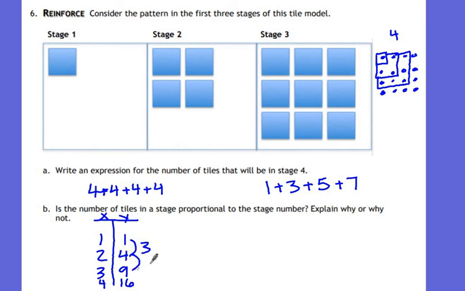That is increasing by 5. That is increasing by 7. So it's not increasing by the same amount. So does that mean it's going to make a straight line? It means it will not make a straight line. So I don't even know what's happening at 0, but I know this would not make a straight line. So could this be an example of a proportional relationship? No. And our explanation could be this table. We could say no, not a straight line.